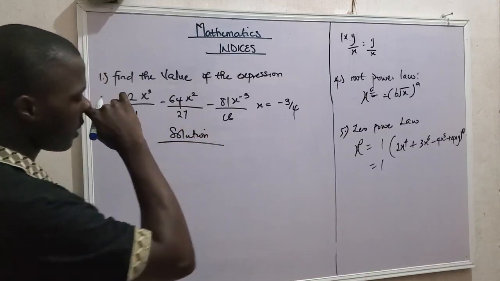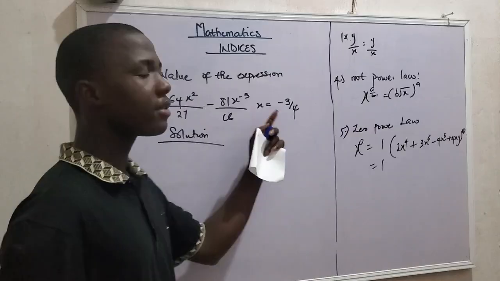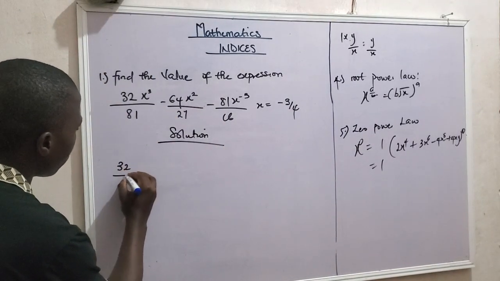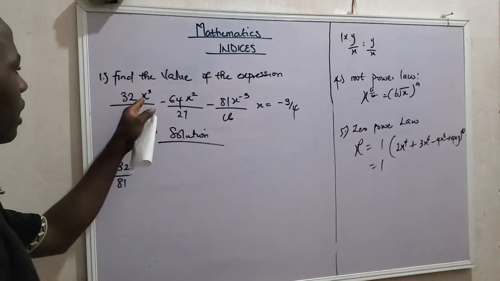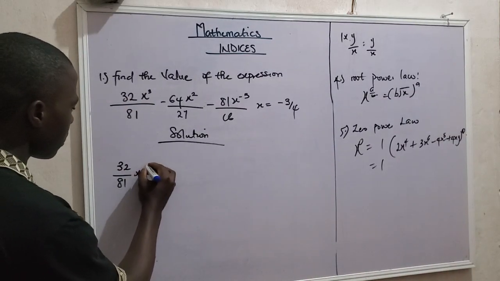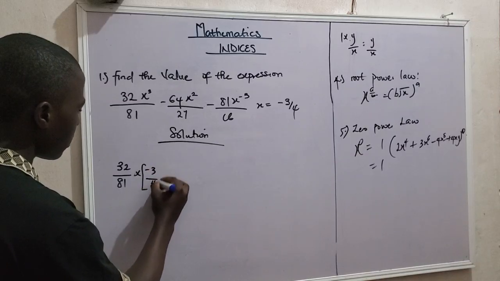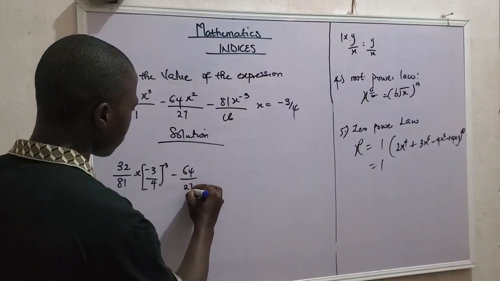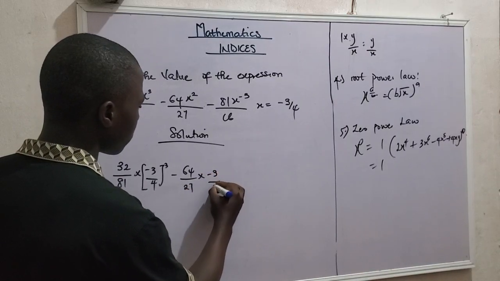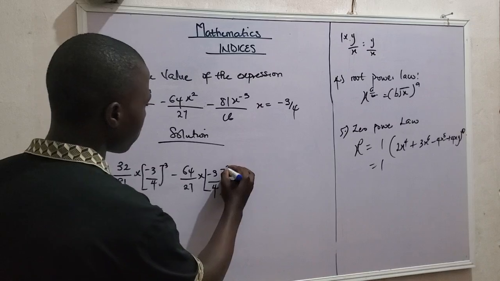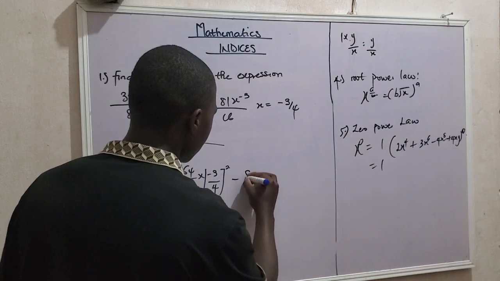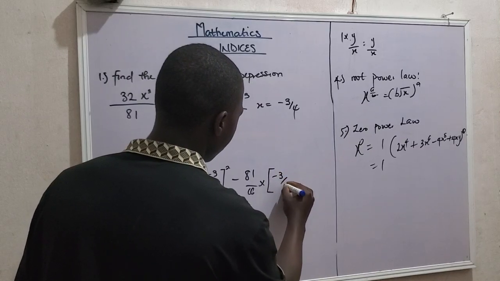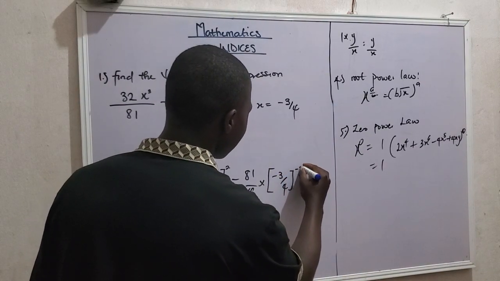Now we do direct substitution. They've already given us the value of x to be -3 all over 4. So let's do substitution here. This becomes 32 all over 81, times -3 all over 4 raised to the power of 3, as seen here, minus 64 raised to the power of 2, minus 81 all over 16 times -3 over 4 raised to the power of -3.